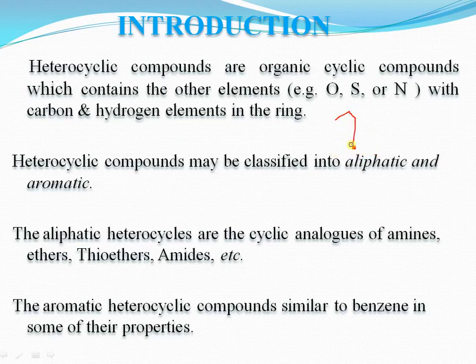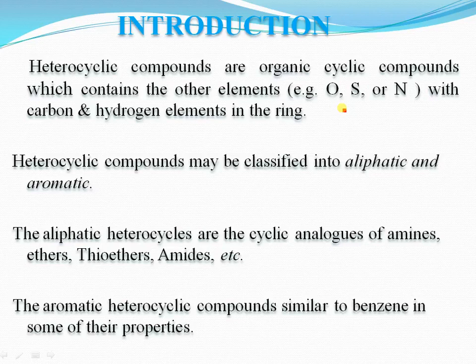Replacement of one carbon with any other heteroatom from oxygen, sulfur or nitrogen, this cycle is known as a heterocyclic compound. That heterocyclic compound may be 3-membered, 4-membered, 5-membered, 6-membered, like this.